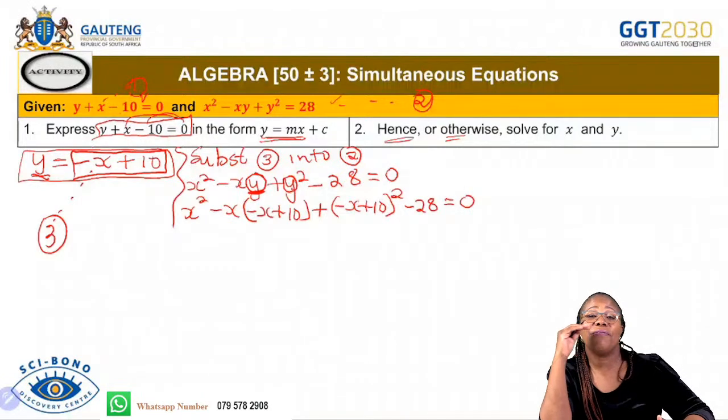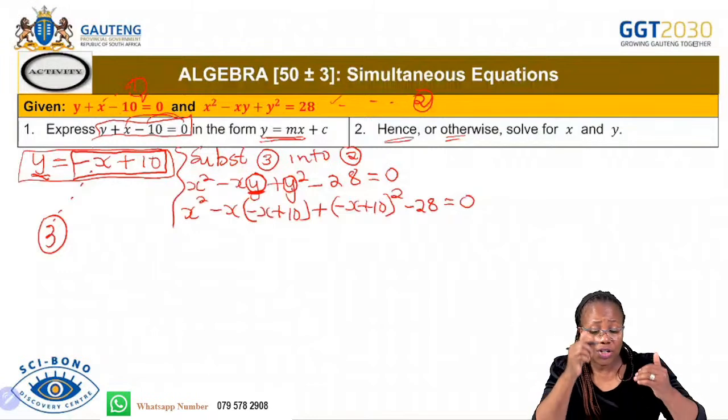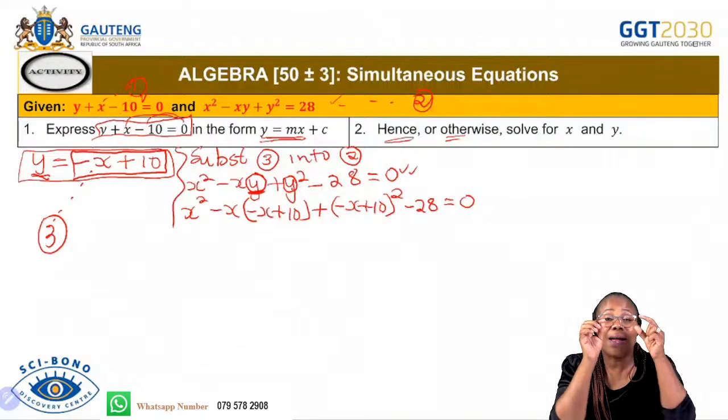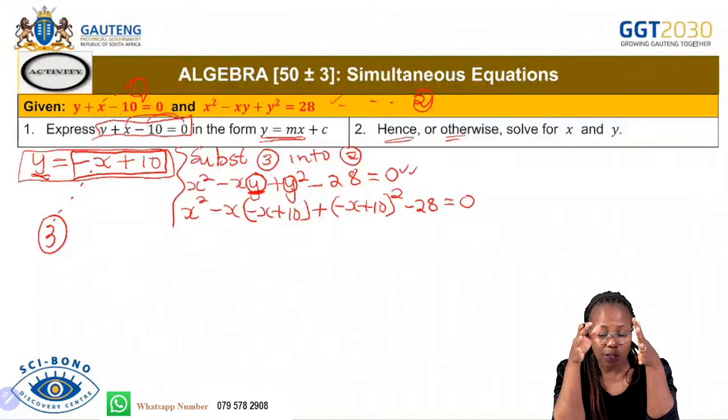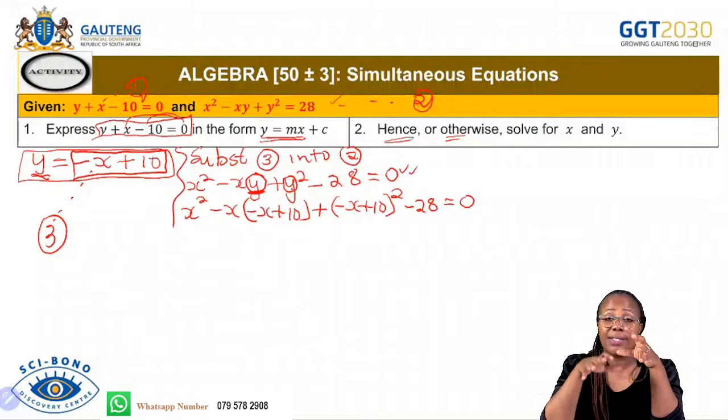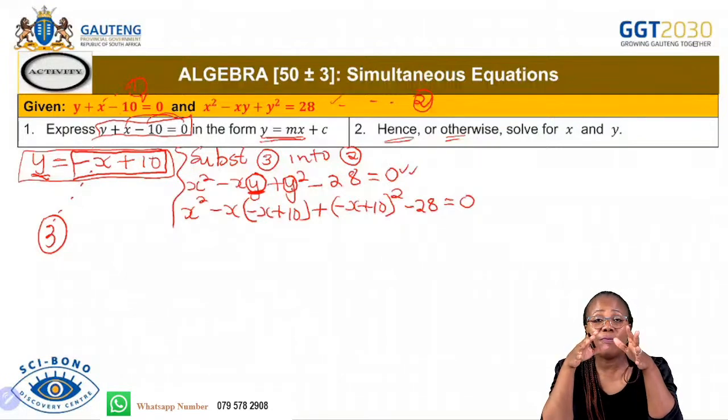Can you see now, after substituting, remember initially here we were having two unknowns on your equation, your x and y. But immediately when you substitute the equation 3 now, can you see now the y has disappeared everywhere? You are now left with one unknown, which is your x. That means that is the method that is making the life easier in terms of solving the simultaneous.